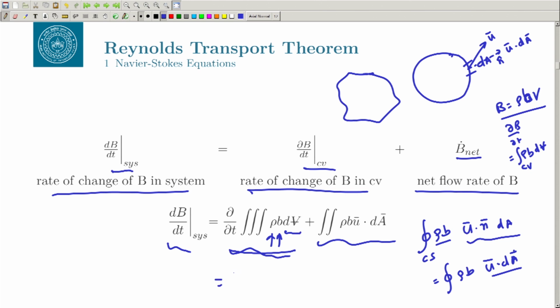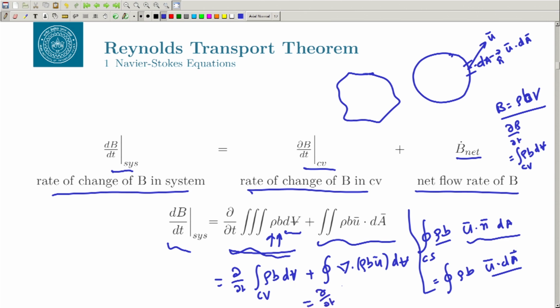So, this will be del by del t of the integral of rho b dV for the control volume, and this will be for the control surface, and if you use that, that will be del dot rho b u dV. This is what the Gauss divergence theorem is. It changes from area to volume.